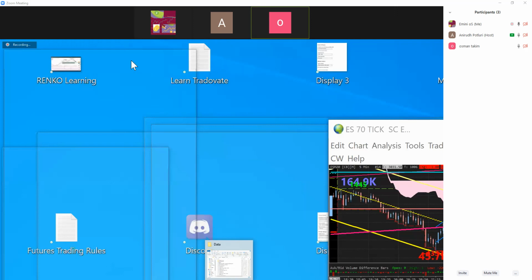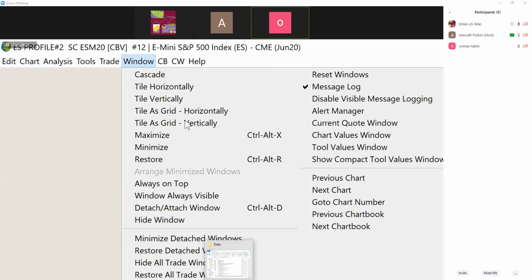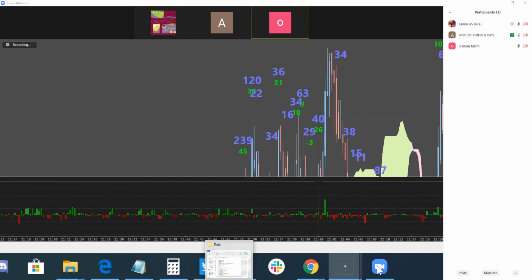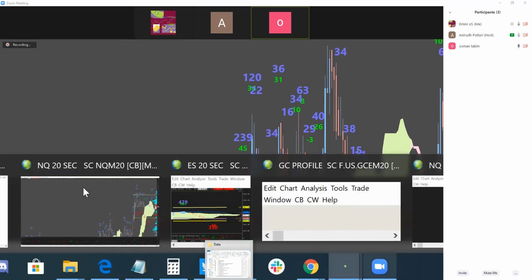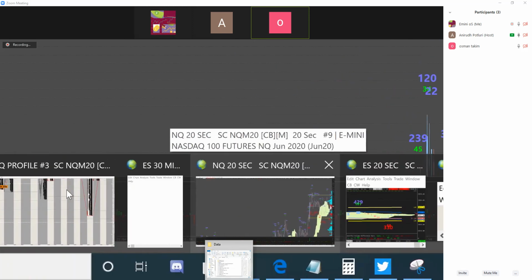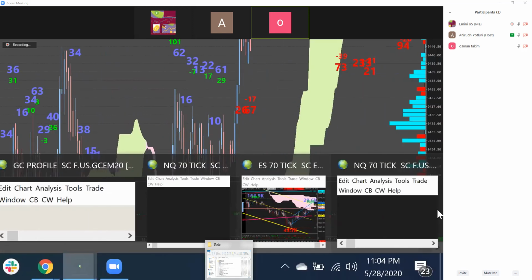ES profile window. Yeah, and just maybe max it. It says detach, attach window at the bottom. Yeah. So when you take that, you can just flip that out to another screen. You can just move it around. You get it? You can do the same thing for each chart.